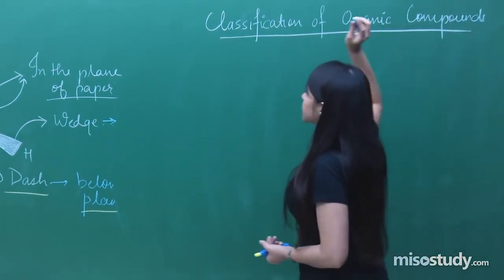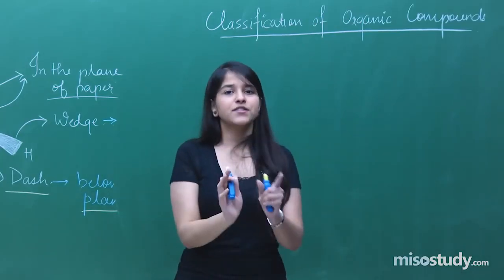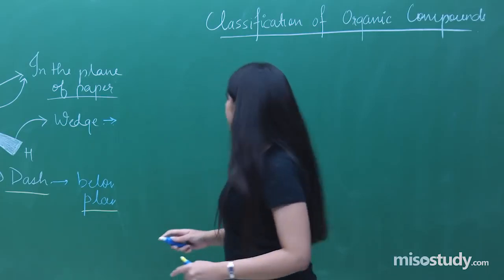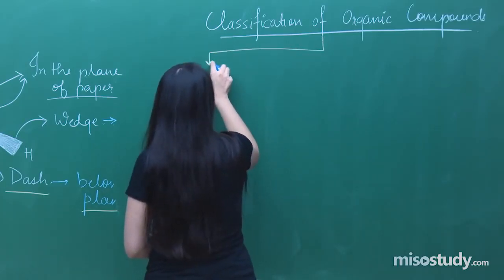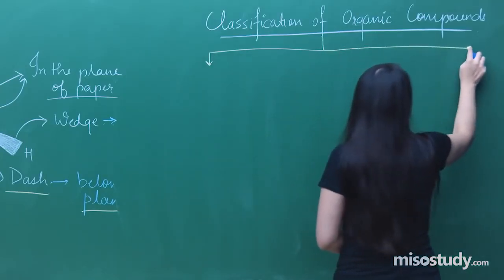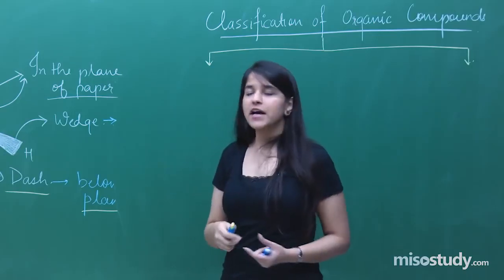How can you classify the organic compounds? How can you judge them? The first judgment, or the first class, is having a ring or not having a ring.